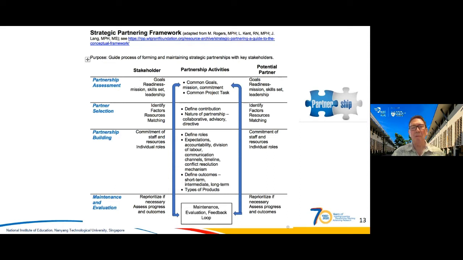But it's thinking more about how we partner and the nature of our relationships and partnerships with different stakeholders. And so we have a partnership model here as well that starts with really bringing together different partners to talk about goals and readiness and deciding how they might work together. So building partnership is core to this.